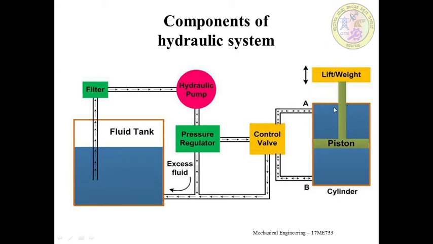Then the return of this oil takes place through the control valve back to the storage tank. To understand these concepts, we have a lot of materials to understand these components.